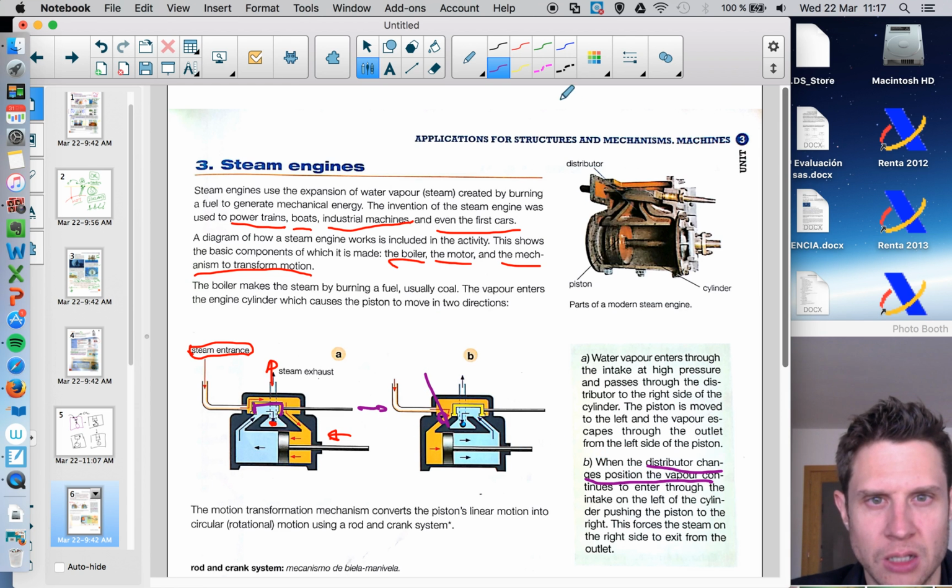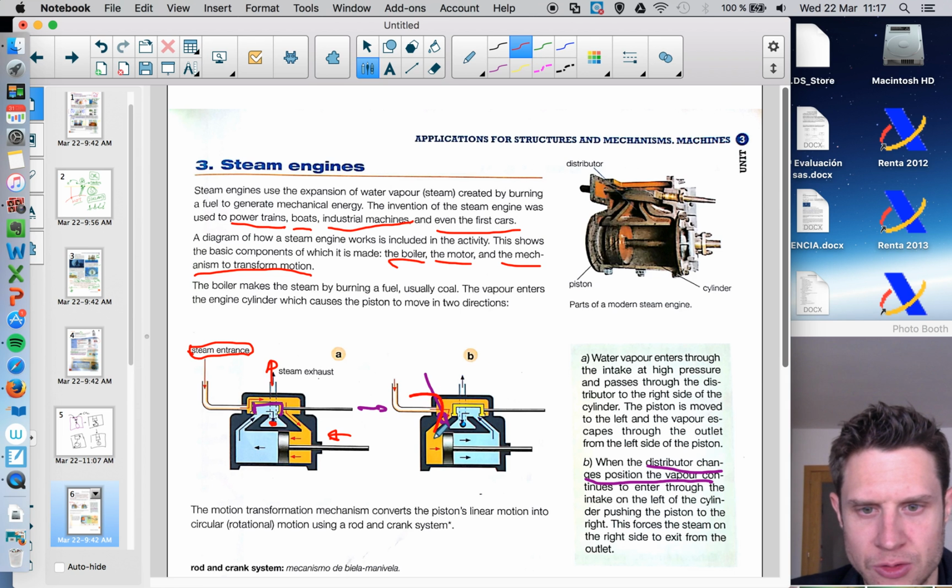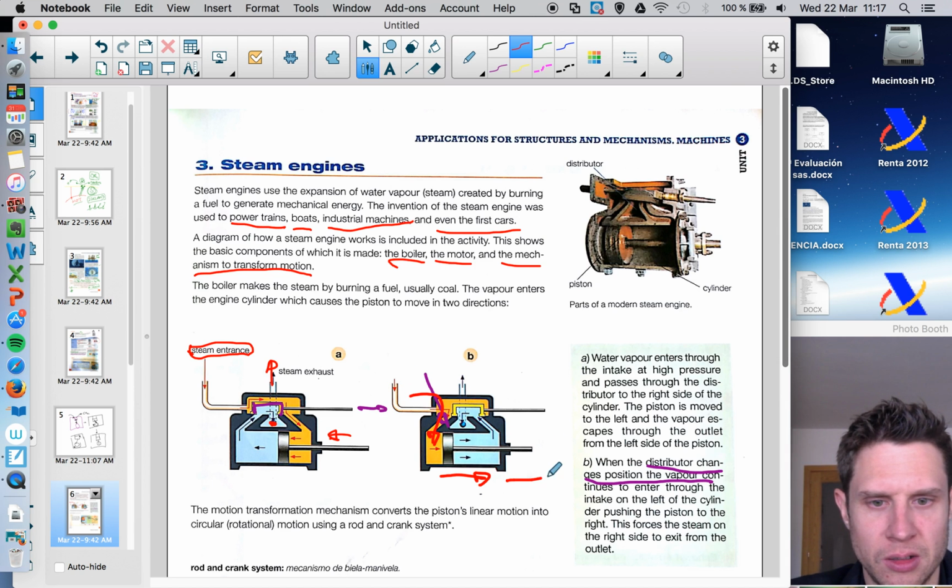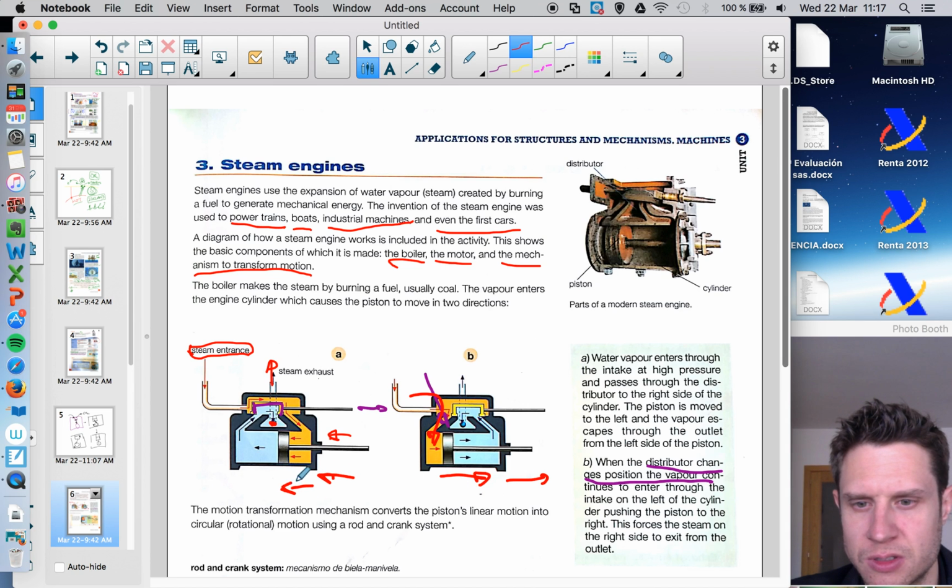Now the water vapor in red is entering here, pushing the piston in this direction. So we have a linear movement.